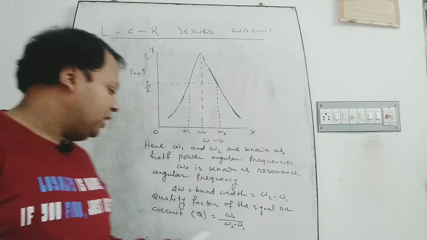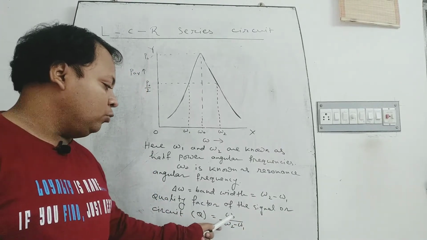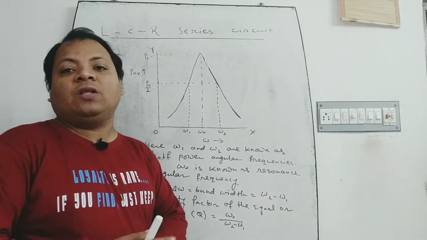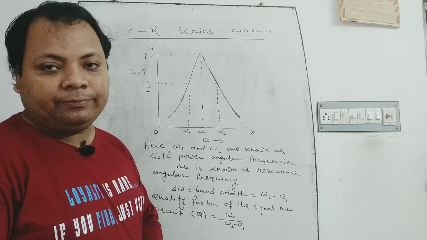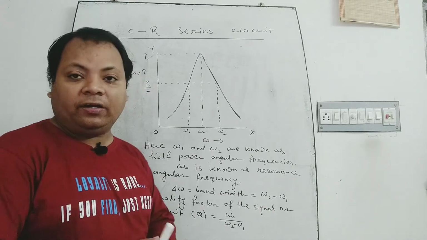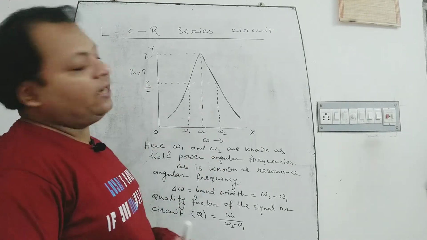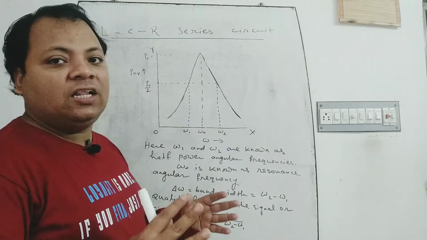What is the significance of the quality factor? The quality factor denotes the sharpness of the signal at the resonance frequency. If the bandwidth of the signal is very small, then the sharpness of the signal is very sharp.